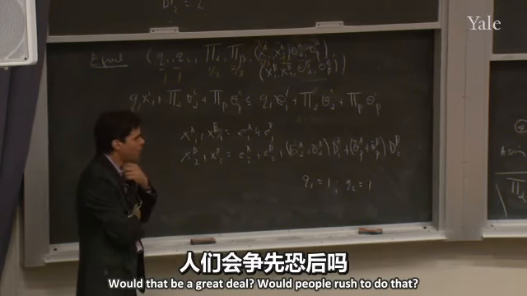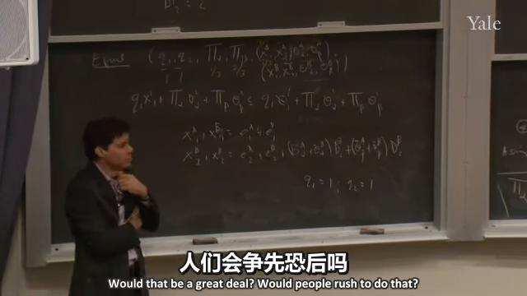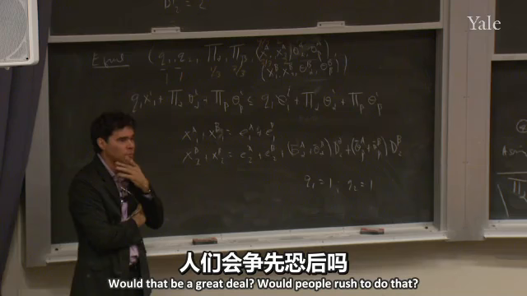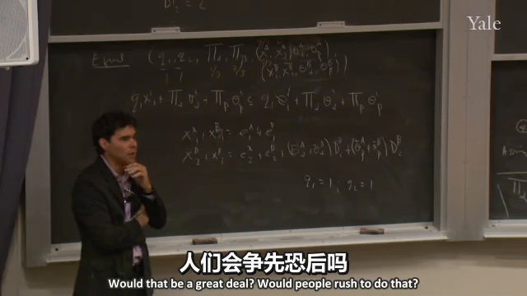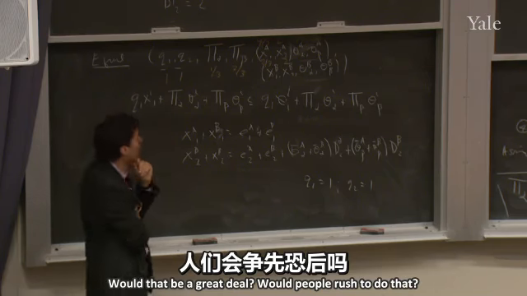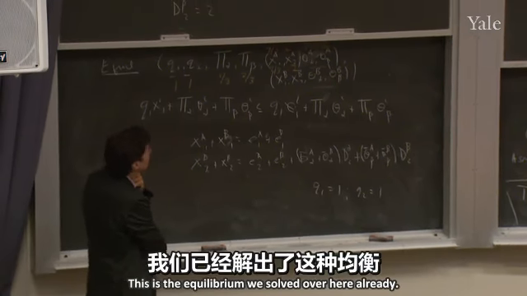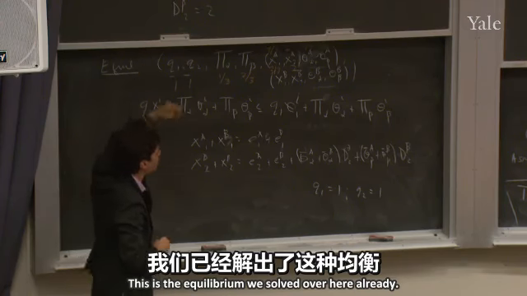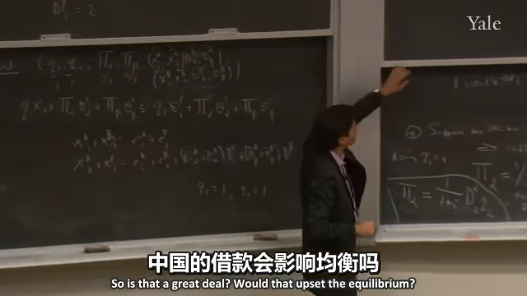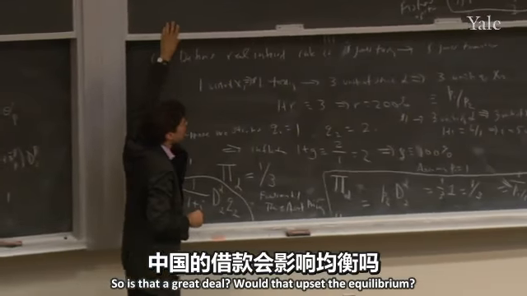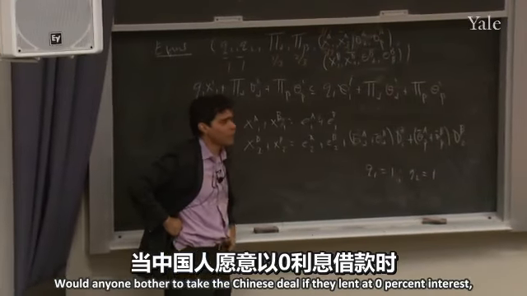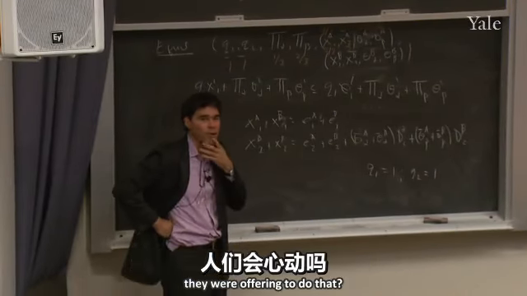Would that be a great deal? Would people rush to do that? This is the equilibrium we solved over here already. Would that upset the equilibrium? Would anyone bother to take the Chinese deal if they lent at 0% interest?